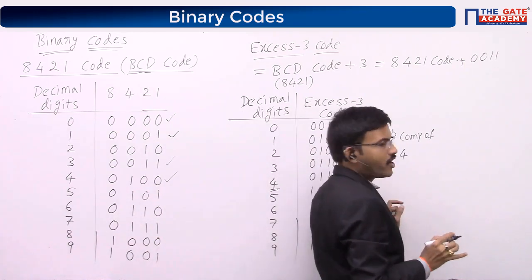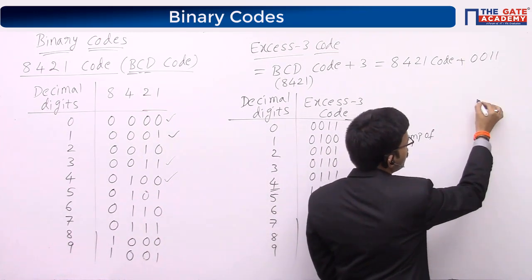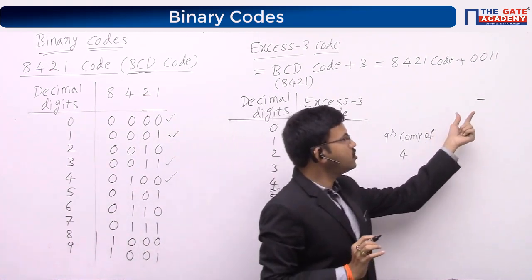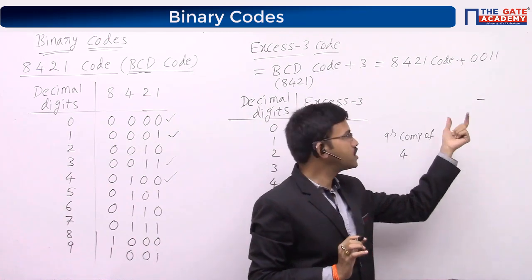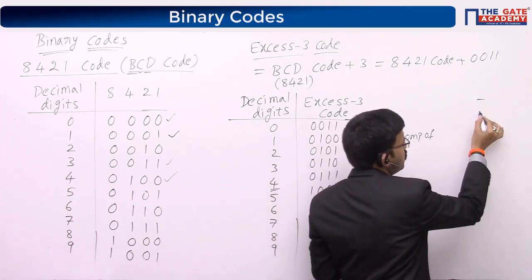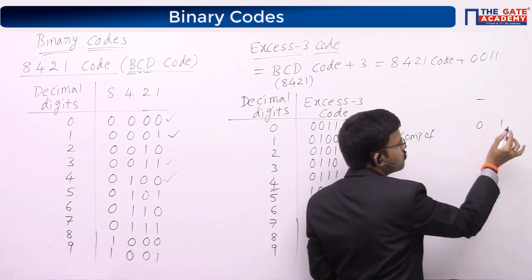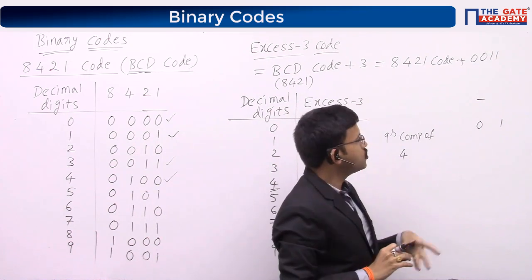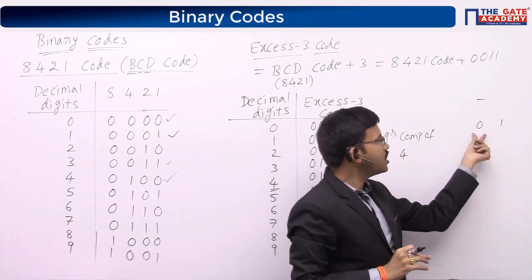Suppose I want to find the 1's complement, and I am considering a single bit. A single bit can represent either 0 or 1, only two combinations, so the maximum value you can represent is 1.